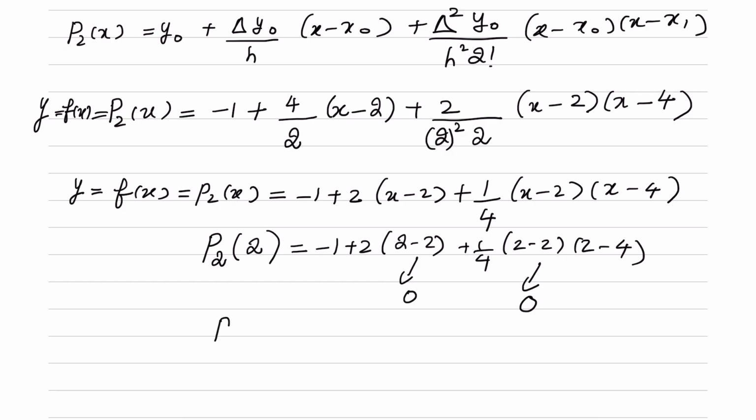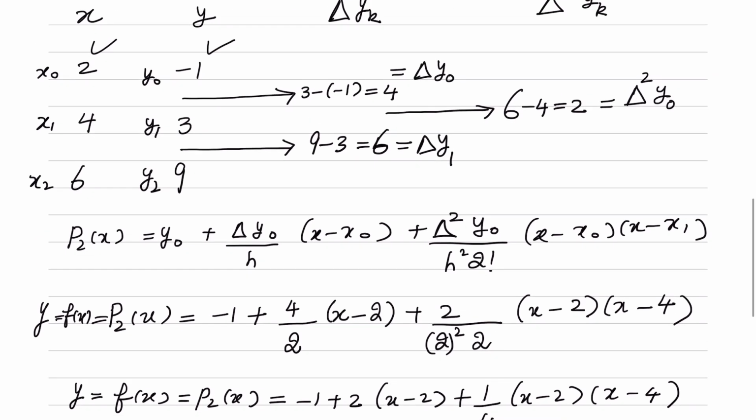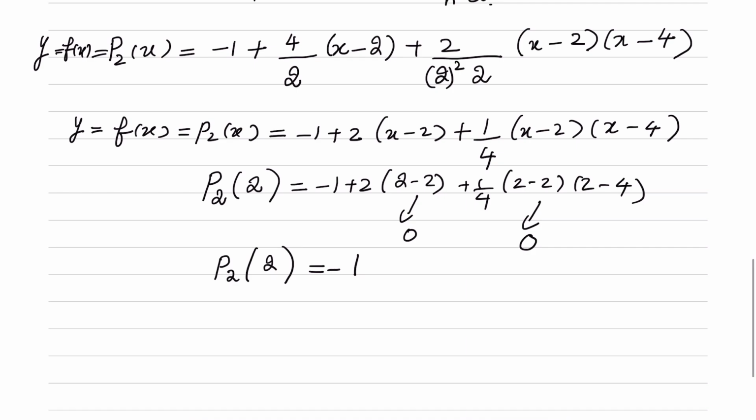So you have the P2 polynomial at x equal to 2, you got minus 1, which should have been so because the data says for x value 2, your answer for y is minus 1. The same way you can check that when you plug x equal to 4, you should be getting y 3. The same way when you plug x equal to 6, you should be getting 9. So this is the verification part.